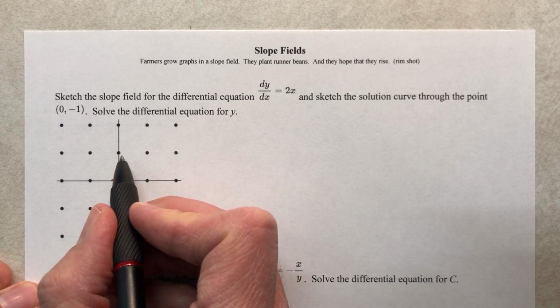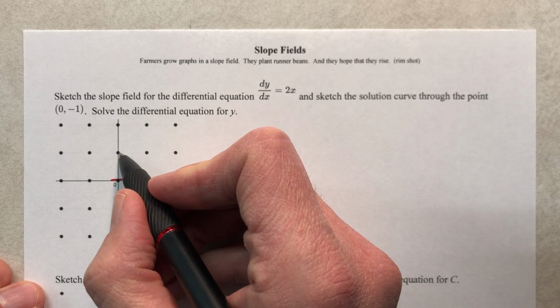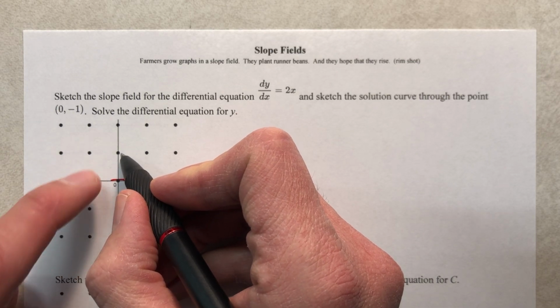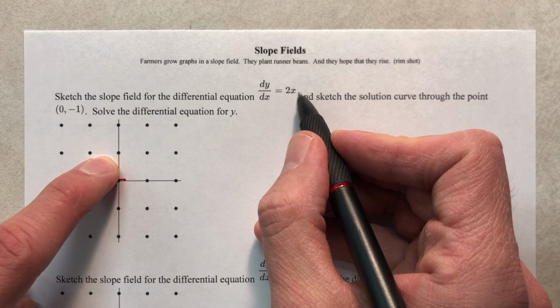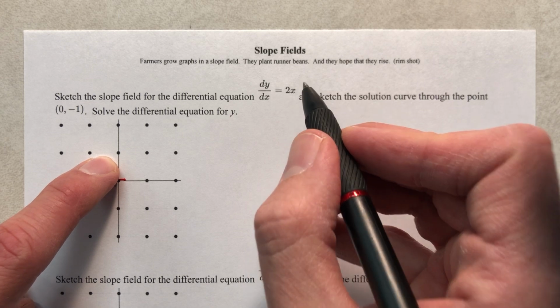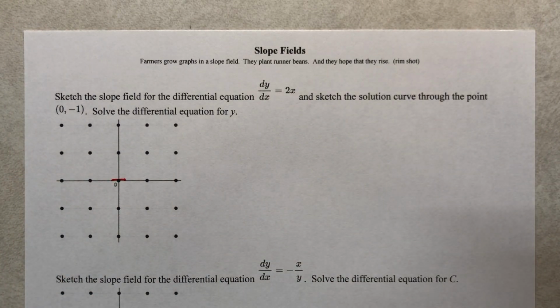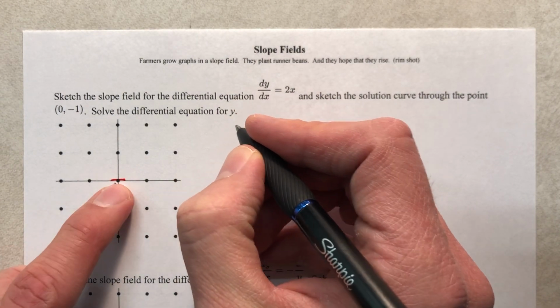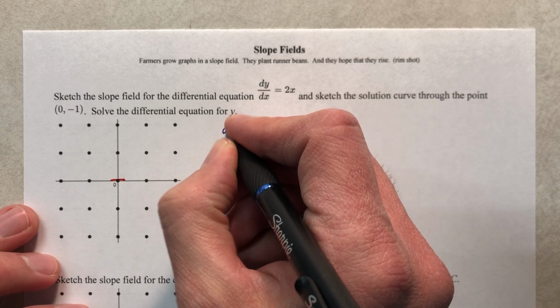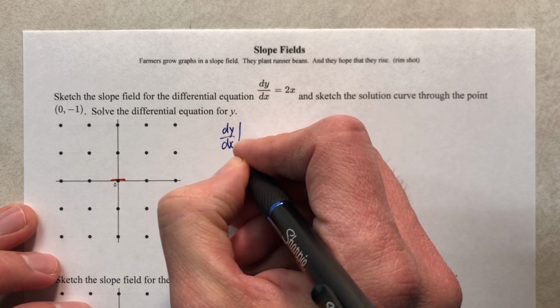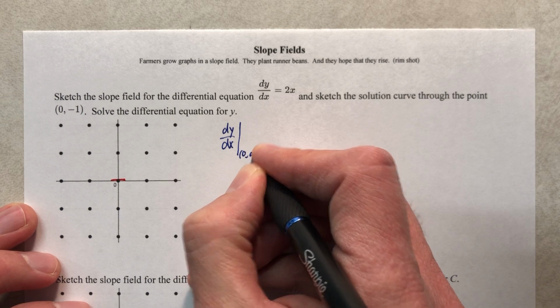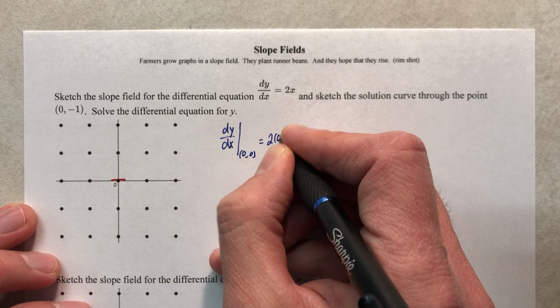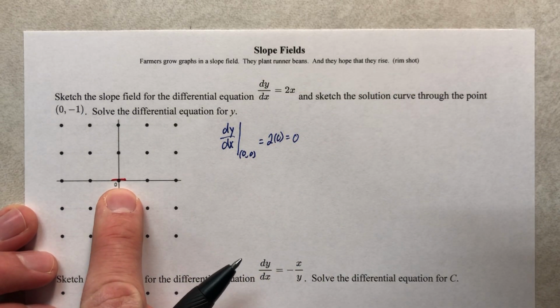Okay, here at the coordinate 0, 1, I will plug in 0 for every x and 1 for every y. I don't have any y's to determine my slope. Here's what's really happening, okay? If you really want to see all the little work that I'm not going to show every single time, this point right here, 0, 0, was dy dx evaluated at 0, 0, which means I have 2 times 0, which gave me 0, which means it was a flat line.